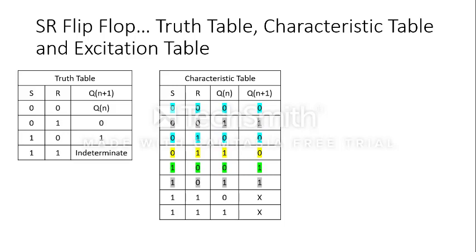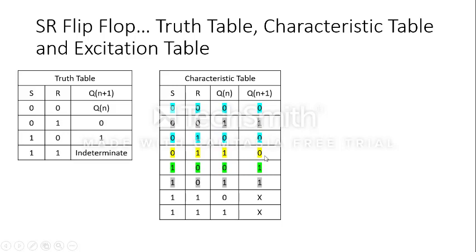Now I am going to the next point. That means my S is 0 and R is 1. What we told at that time is that when your S is 0 and R is 1, irrespective of all the conditions, your present output will be 0. That means whether your past output was 0 or 1, your present output will always be 0, right?